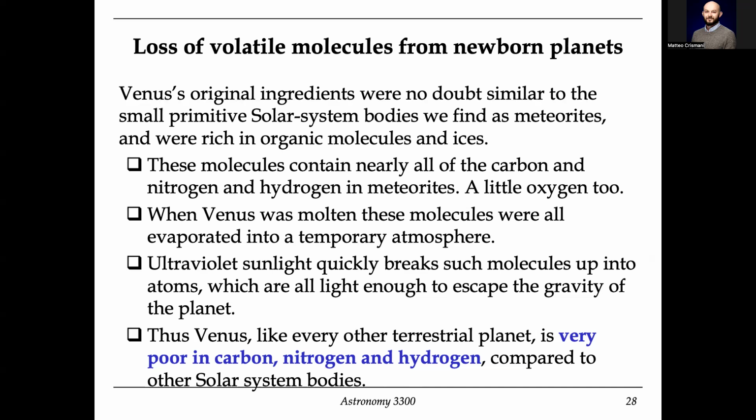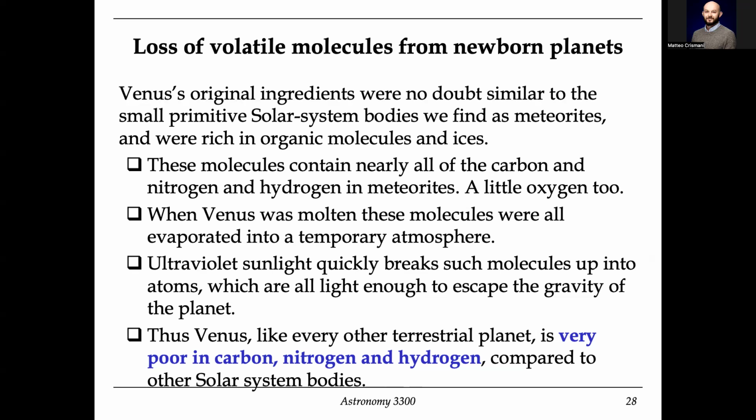So what we think is probably that these evaporate into a temporary atmosphere, and you have a significant amount of loss. Ultraviolet light from the sun comes in and breaks apart something like water into H and O. Each one of those can escape separately if they need to, specifically H, which goes very easily.